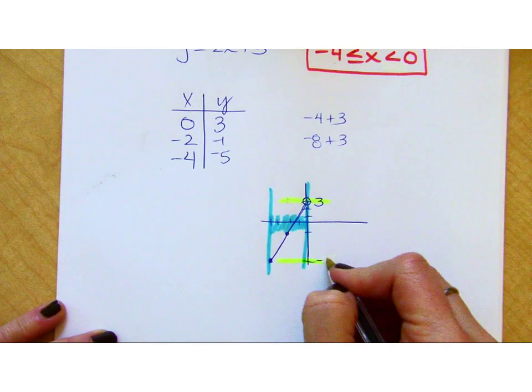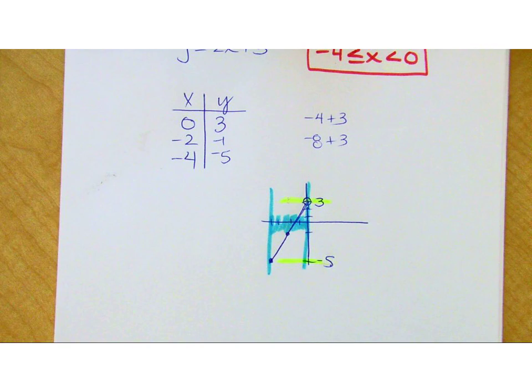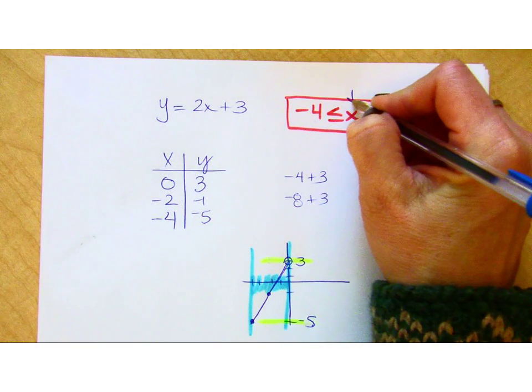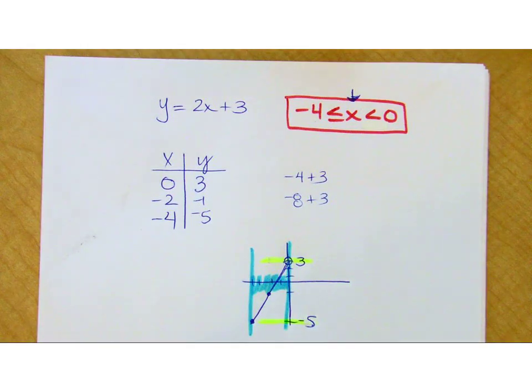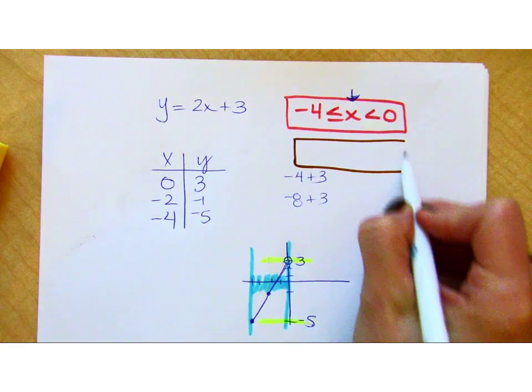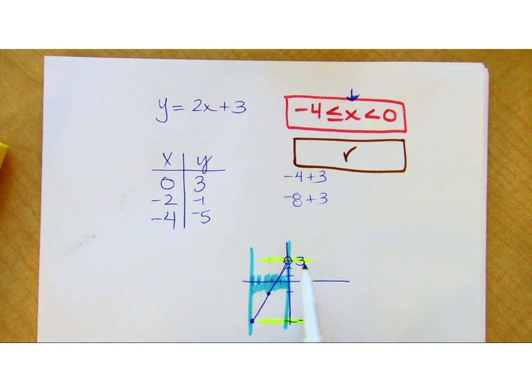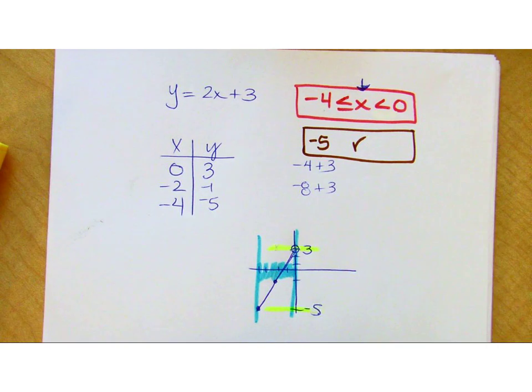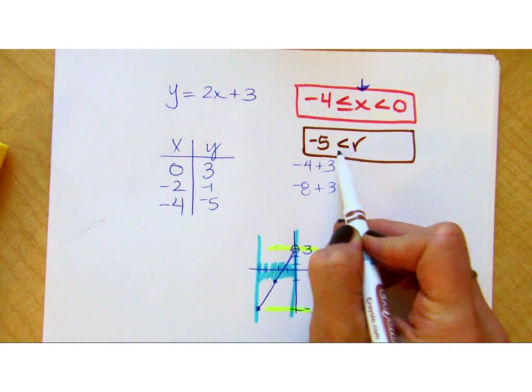Thank you. So now that I have that, if my domain is written with X, and sometimes you'll see it with a D there for domain, then my range now needs to be written the same way. What is my range? It can go as low down as negative 5, and it can be negative 5, right?